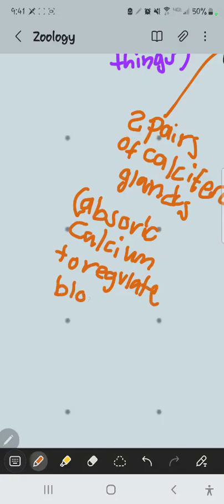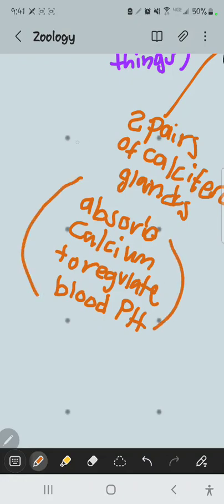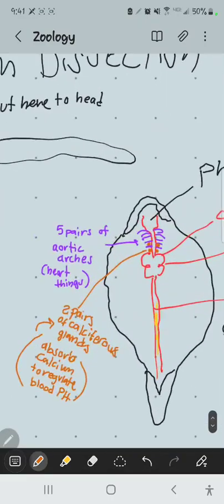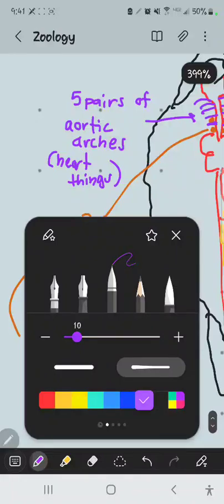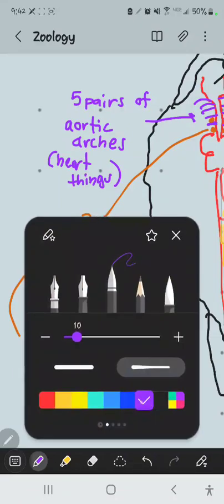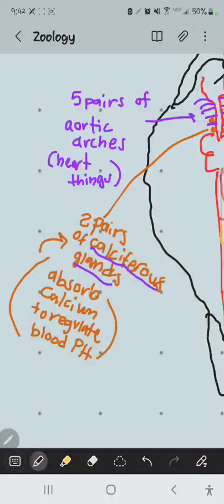The problem with having hemoglobin, a blood protein that carries oxygen, in acidic environments is that CO2 builds up too much. So the calciferous glands are for maintaining blood pH at near 7 or near neutral. And so earthworms need to be able to bring in calcium in order to make their blood basically pH neutral, so they can carry oxygen.